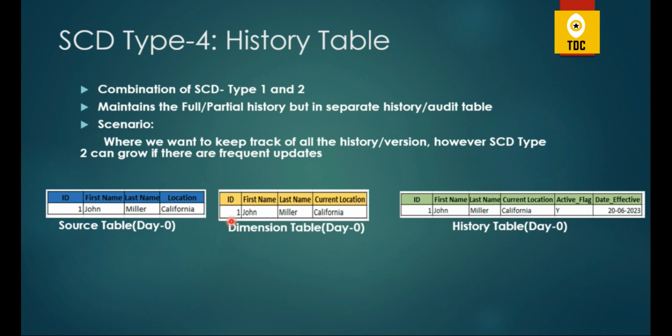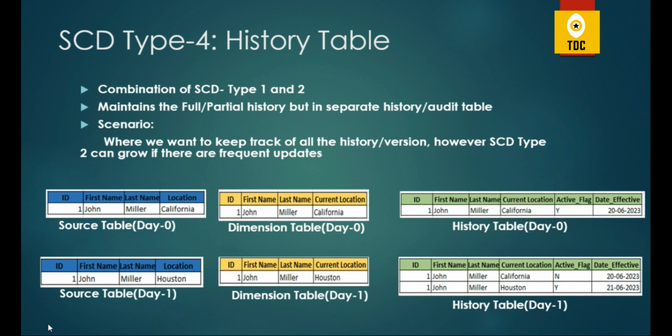That history is not maintained in the dimension table, but in a separate history table. In the dimension table, only the current value will be there. Putting the current value into the dimension table is the concept of SCD type 1, and keeping the history in a particular table is the concept of SCD type 2. So it's basically the combination of both.